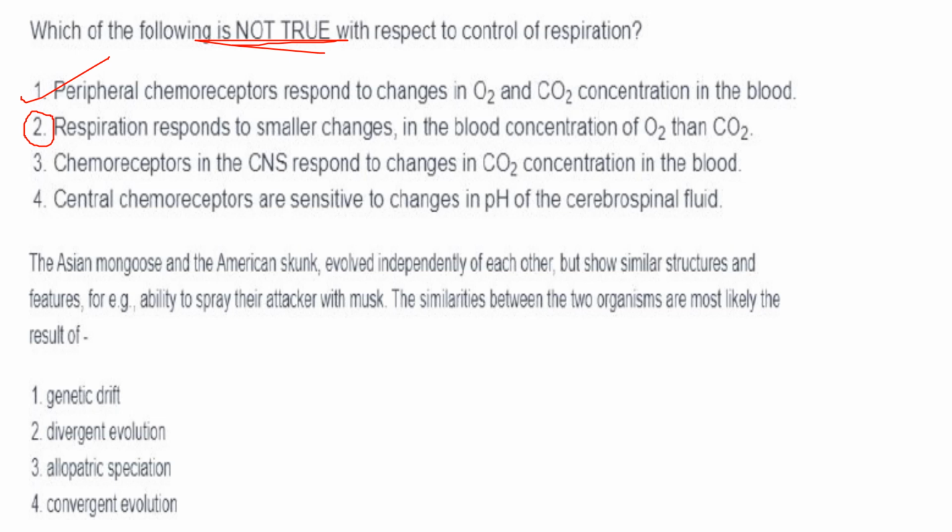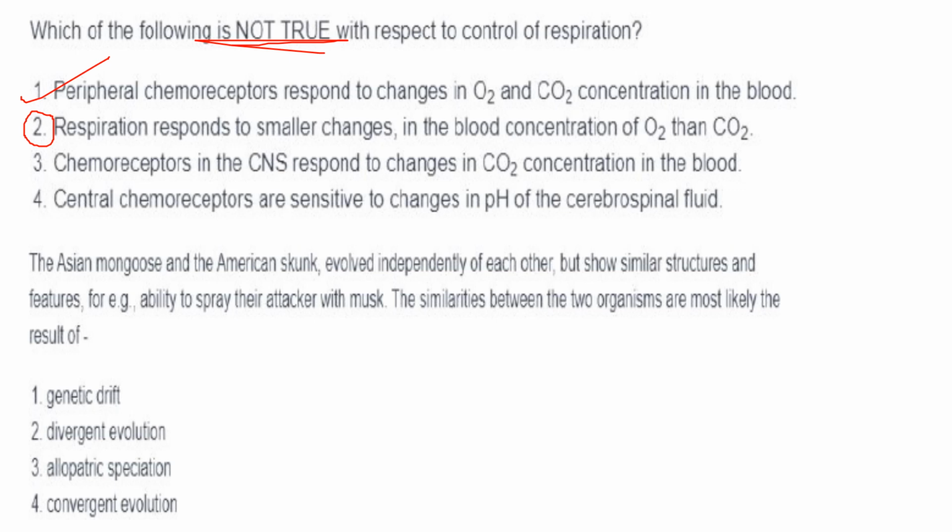Then chemoreceptors in the CNS respond to changes in carbon dioxide concentration in the blood. That is correct, I told you now. Central chemoreceptors are sensitive to changes in pH of the cerebrospinal fluid.